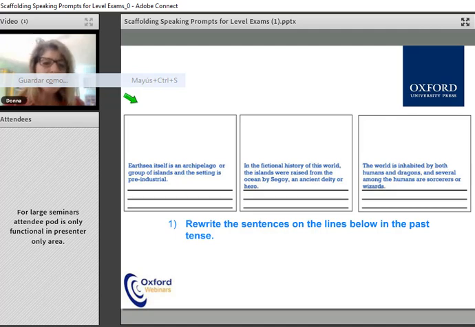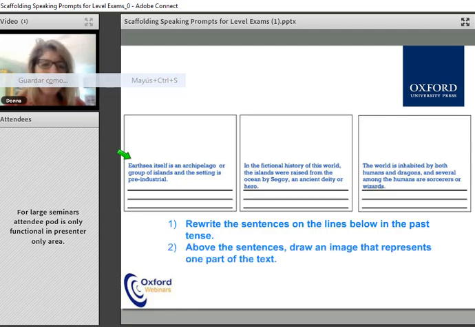Okay. So here they're going to rewrite the sentence in the past tense. They may not understand everything they're reading, but they'll at least get started on understanding it. Then, with the support of their partners, they're going to draw an image in this open space here, something to do with the sentence.